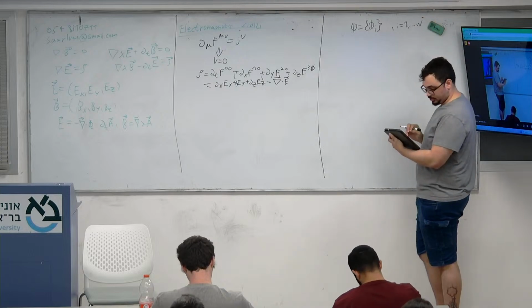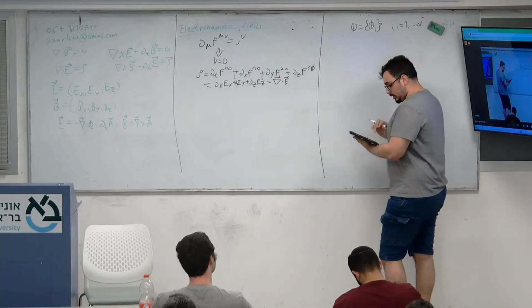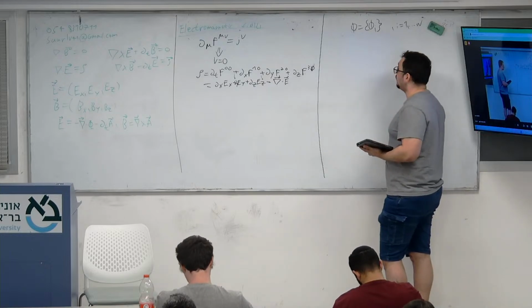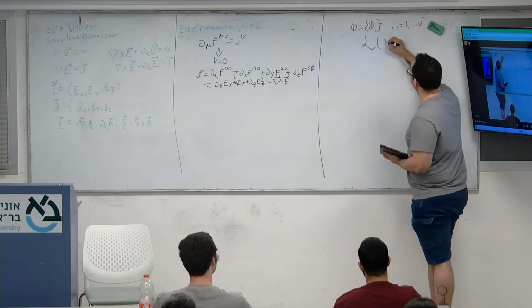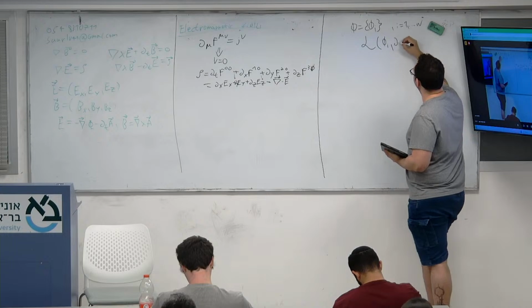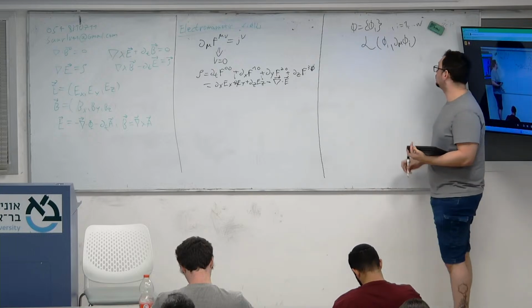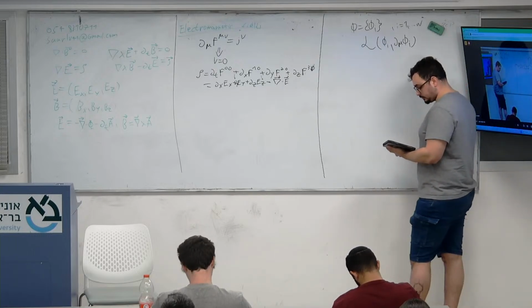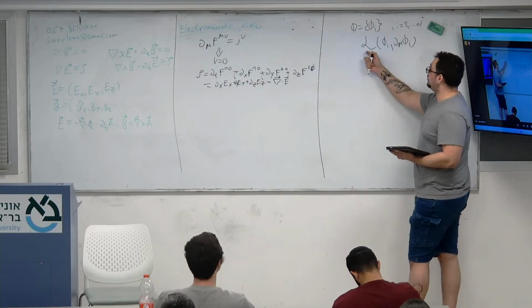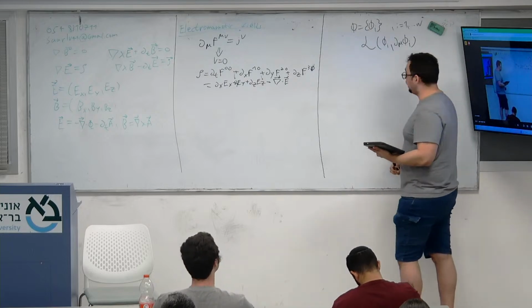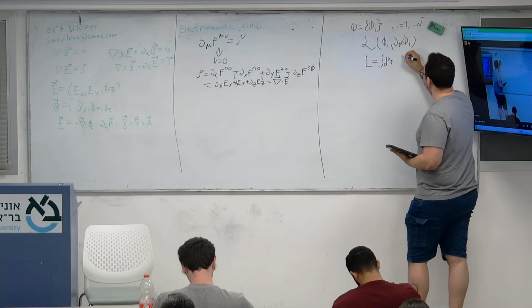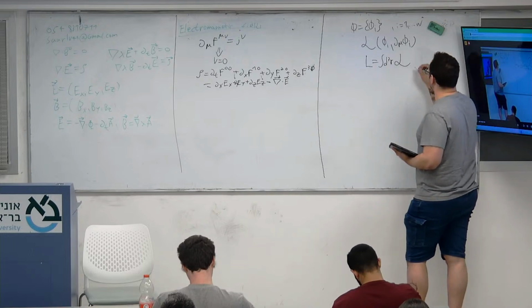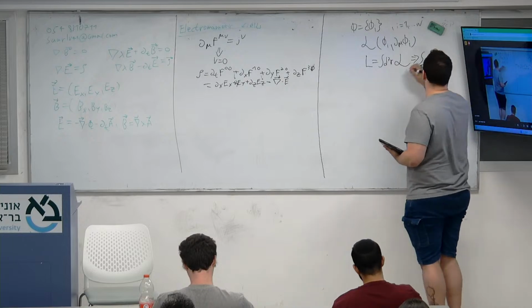I'll do it real quick because I'm sure you remember the Lagrangian equation. We can write a Lagrangian density which depends on the fields and all of the first derivatives. And by using this Lagrangian density, we can find the Lagrangian itself.